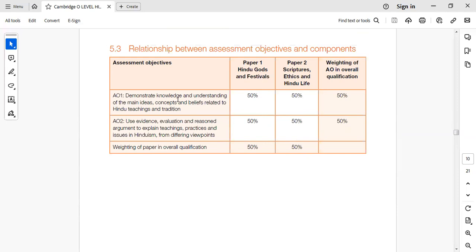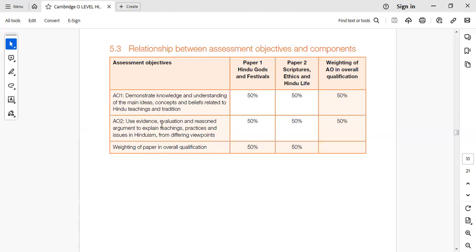You are expected to demonstrate your knowledge on Shiv and your understanding. For example, if you say Shiv has a threshold, what is the significance of the threshold? The understanding of the main ideas, of the concepts and beliefs related to Hindu teachings and tradition.